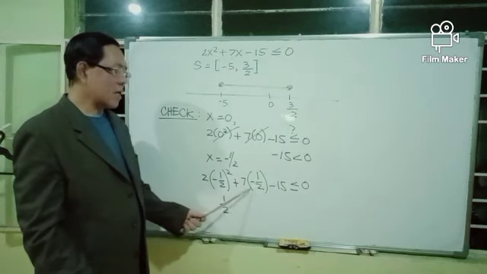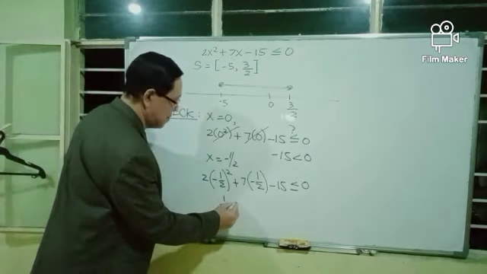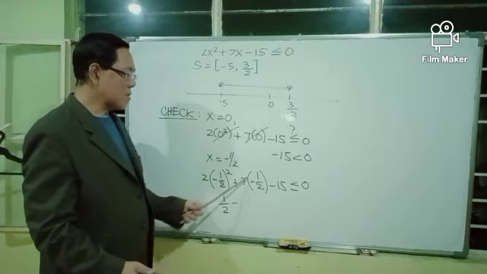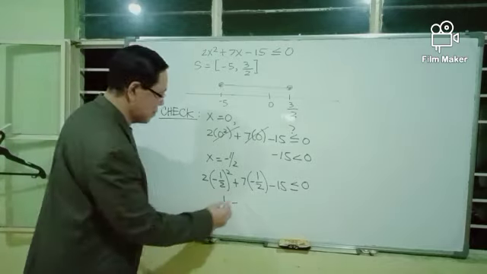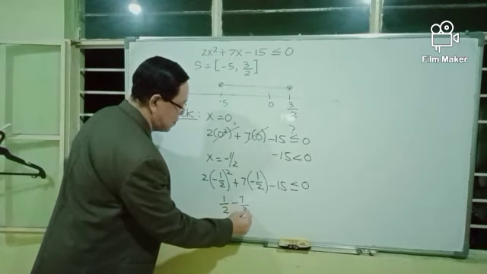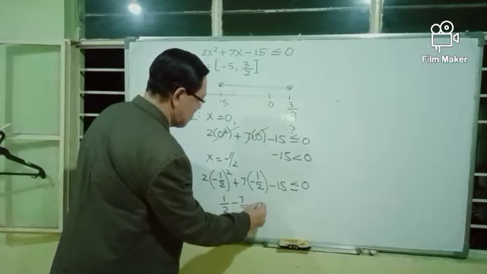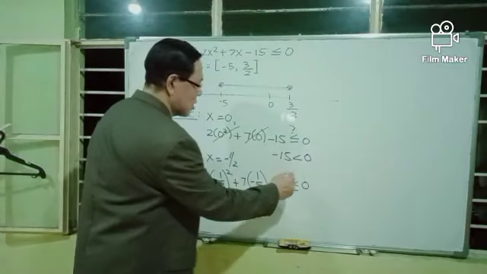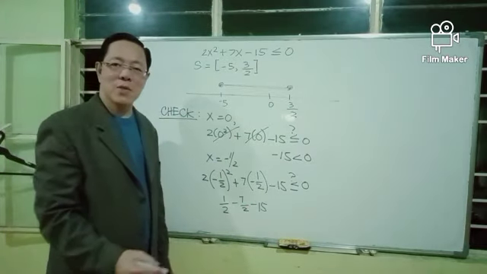We have positive times negative is negative. 7 multiplied by 1/2 is 7/2. Minus 15. We want to check if this is less than or equal to 0.